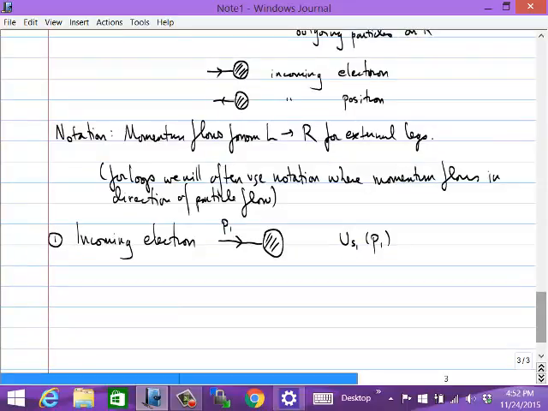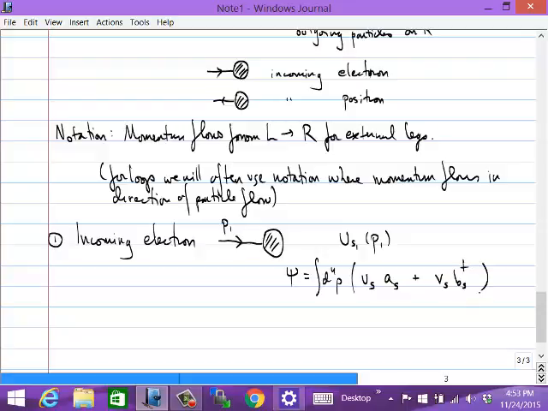The point being that for every incoming electron with polarization 1, you need to introduce one of these polarization factors U. The reason for this is that I remind you that when we quantized the Dirac field, the operator psi, when we quantized it in terms of raising and lowering operators, had a factor of U times A plus something that we called V times B dagger.